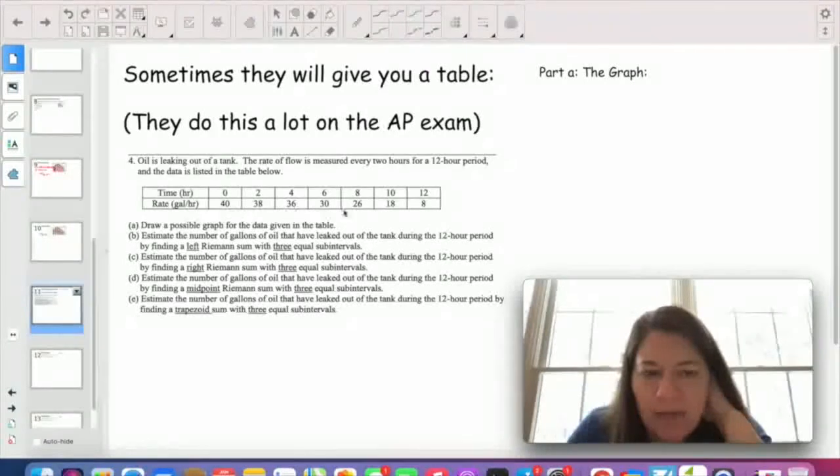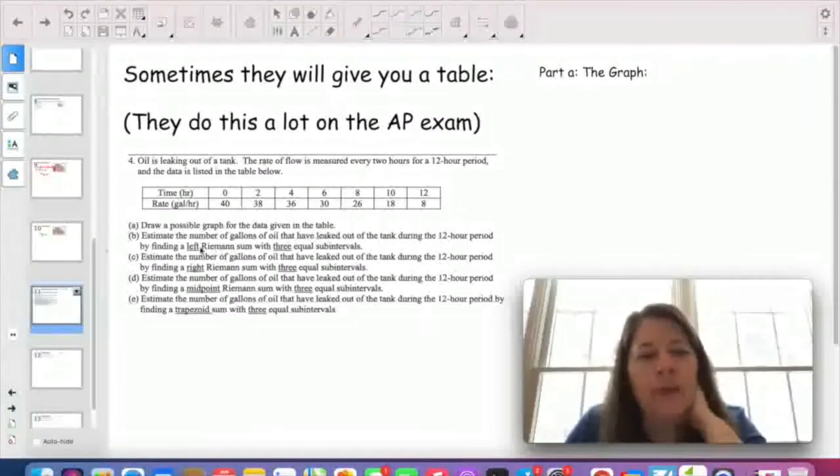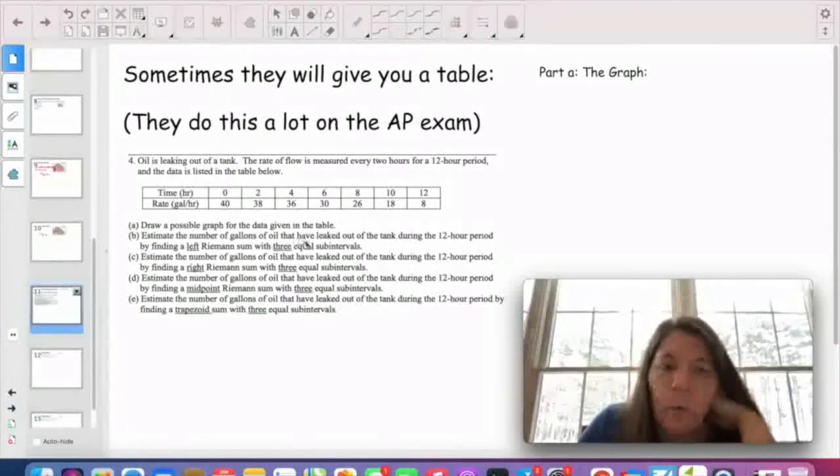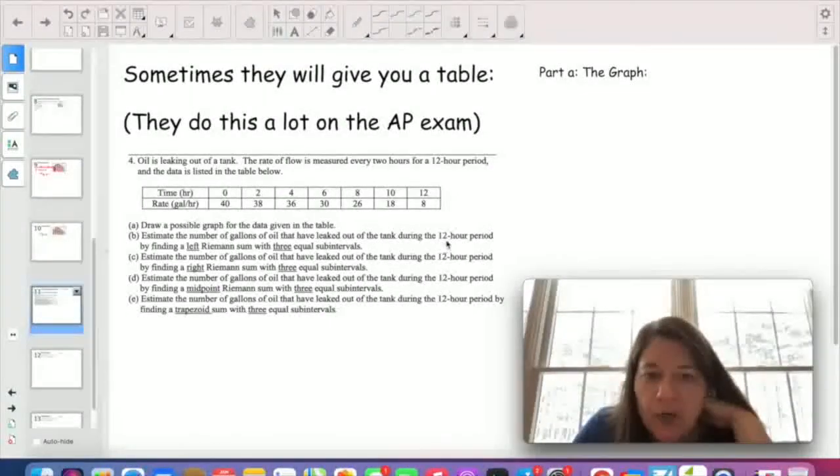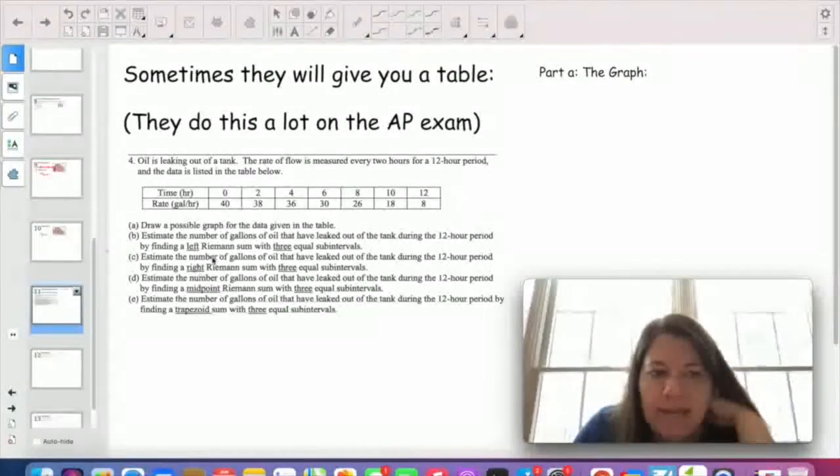And we can see here that we're going to be able to graph those ordered pairs pretty easily. It says A, draw a possible graph for the data given in the table. B, estimate the number of gallons of oil that have leaked out of the tank during the 12-hour period by finding a left Riemann sum with 3 equal subintervals.